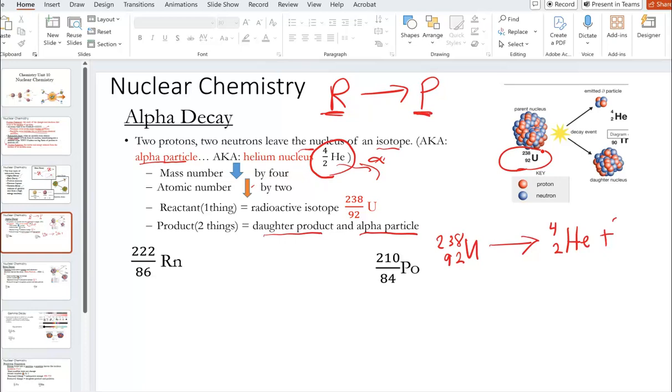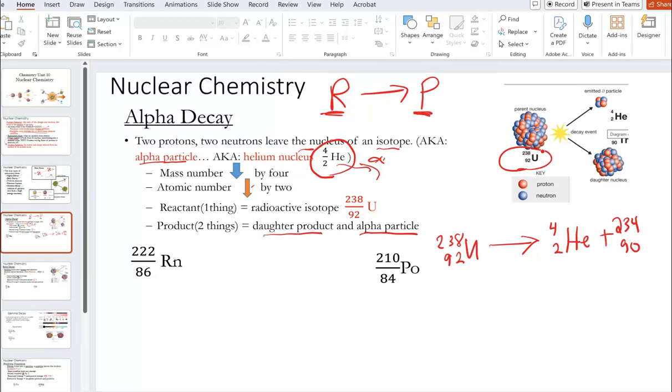So my mass number is 234. And my atomic number decreases by 2. So my new atomic number is 90. So then what I do is I go to my periodic table and I find the element that has atomic number 90. And that would be thorium.